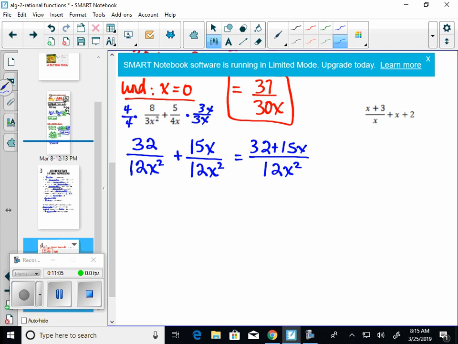Okay, look at the numerator. Is it fully factored? Is there anything you can take out? Are they both divisible by a 3 or a 5 or a 15? Do you know how to check on your calculator?